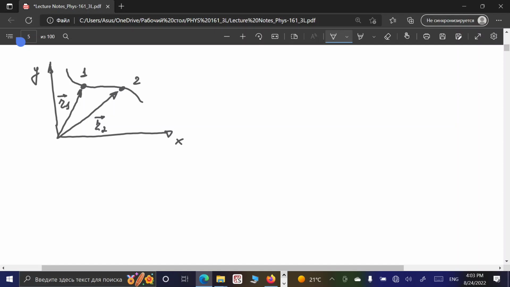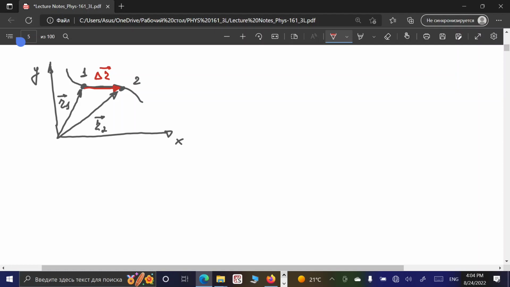We can also introduce here a displacement vector, which connects the initial and final position of the body. That will be delta r, the change of position vector. So this is the displacement vector delta r.